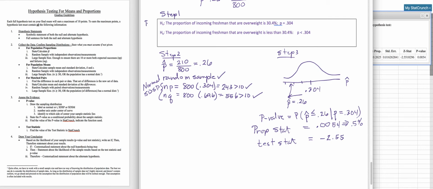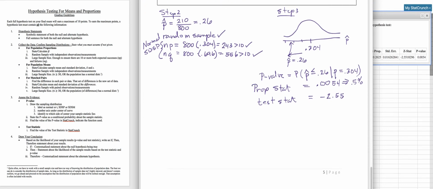That makes us want to reject the thing we believed was true and instead support the alternate hypothesis, support the change that we were looking for. So I suggest everybody pause the video, see if you can write your if, then, therefore sentence for this conclusion.